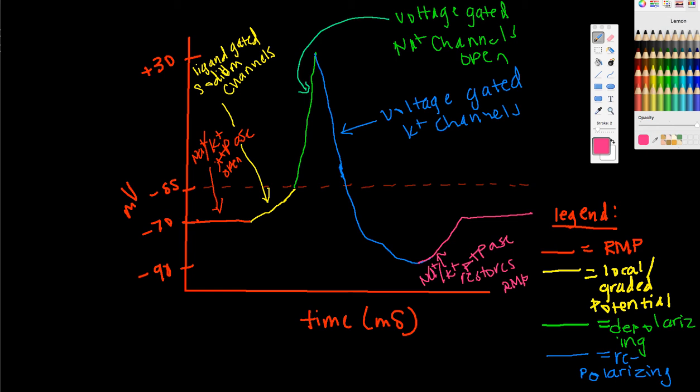So the closer we are to the plus side, if we go this way, so if the line is climbing, that means positive charge is entering the cell.